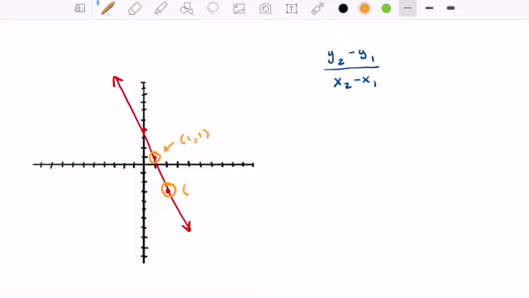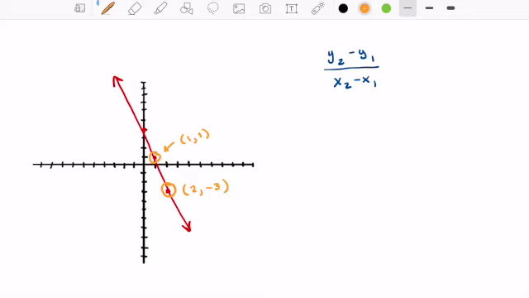This one seems to be at 2, -3. Now let's find our slope. We can do either the rise over run, or I can do my slope formula. We're going to do our slope formula.